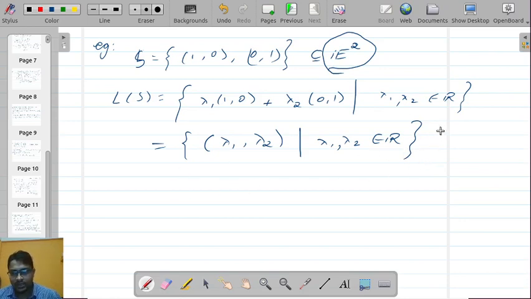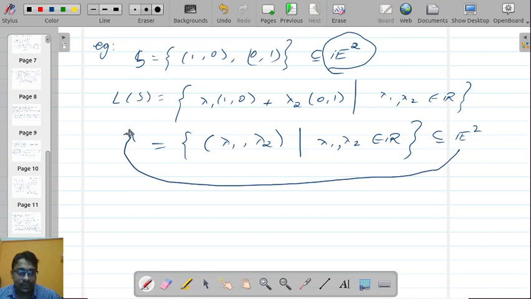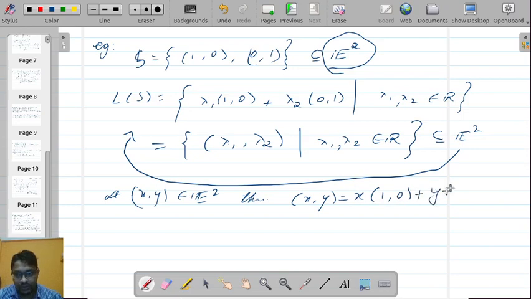At least this is a subset of E square, we already know, and we can also show that any element of E square is an element inside LS. Let (x,y) belong to E square. Then (x,y) can be written, as I told you in the last class also, as x into (1,0) plus y into (0,1). So from this equation, I can easily conclude that this is a member in LS.